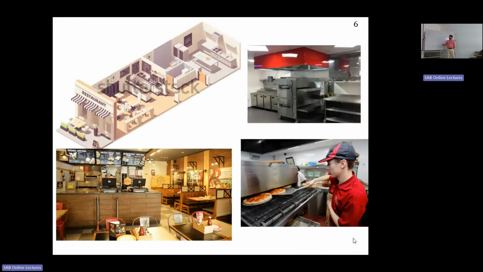Now, what you see here is slide number 6. It's a restaurant. I have taken this from the internet, basically a pizza outlet and its layout. You look at it from the top, bird's eye view. This is the counter area, cash counter and all, where the orders are taken, payments are made.